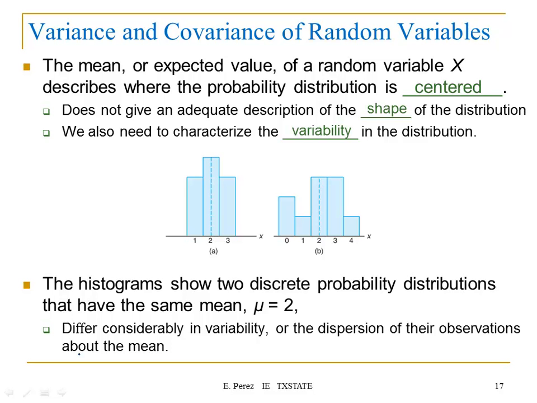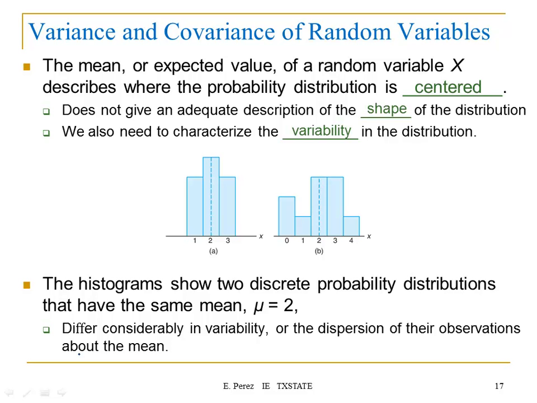These are histograms for two different samples, showing two discrete probability distributions that have the same mean. The mean for both of them is 2, as you can see here with this line.